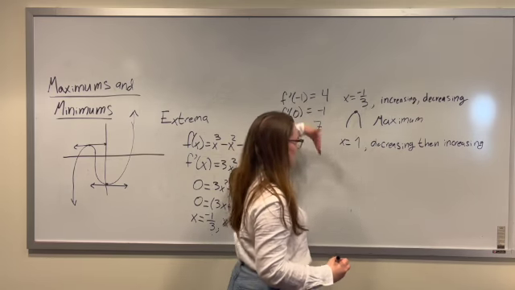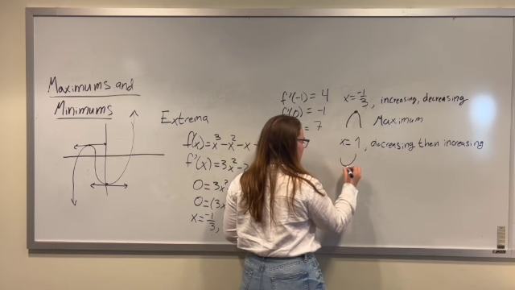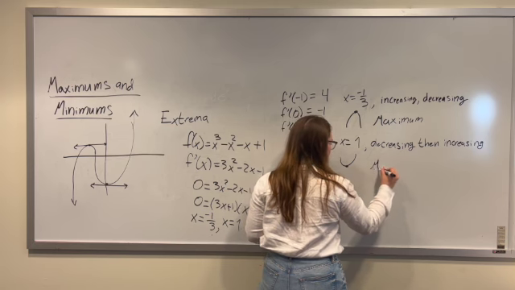So the slope is negative and then it's positive. So the function will look something like that. There's our x equals 1, which means that this is a minimum.